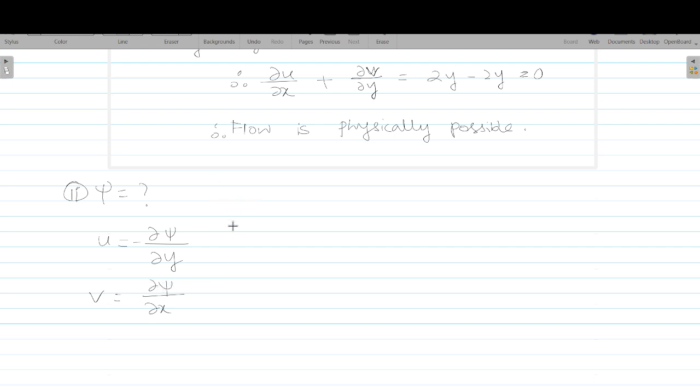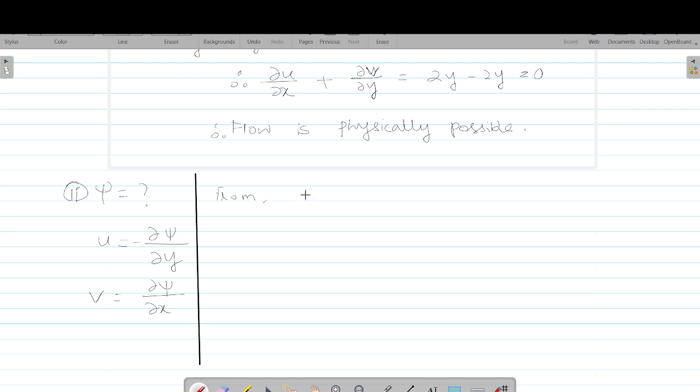I will write it like this. From u, which is 2xy, if I put this value in this equation, what I am going to get is d psi dy is equal to 2xy.